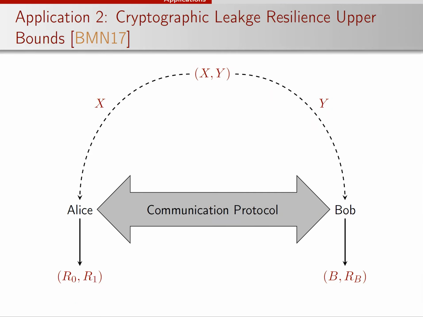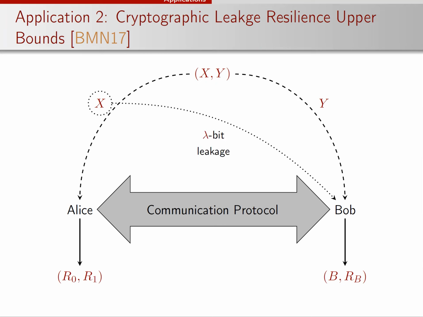And next, for the second application, consider a similar setup where parties get a sample from a joint distribution and they can communicate with each other. However, Alice and Bob's objective is different from the previous application. So you want to get a secure random sample of an oblivious transfer. So Alice outputs two random bits R0 and R1, while Bob outputs two random bits B and RB.